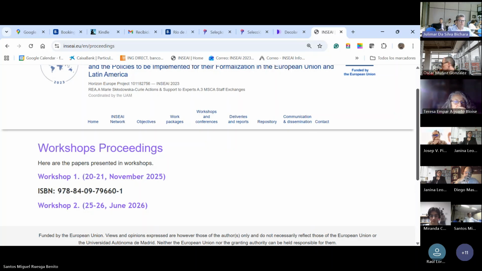Now the second piece of information: we are working with a Scopus-indexed magazine. Of course, this is not for all the papers, it's a selection of papers, and I will tell you the name of the magazine.